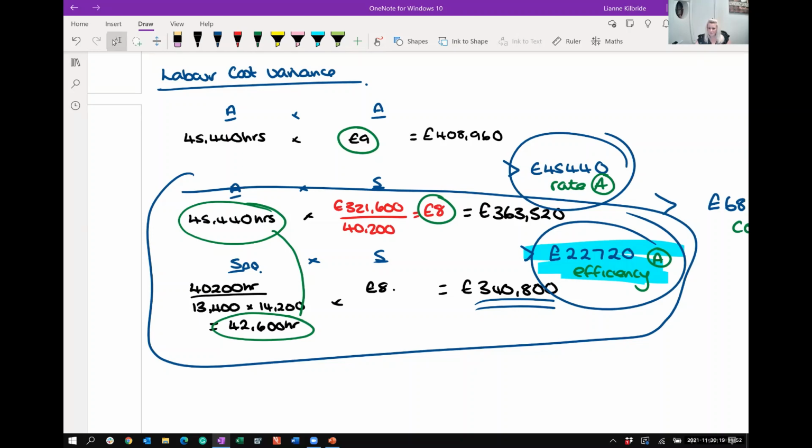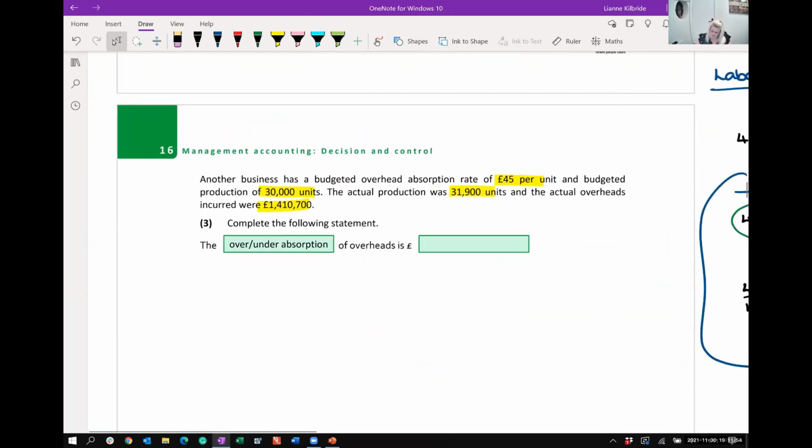Okay, so moving on to this last part of the question, we've got some figures to think about. When we deal with working out whether we've over or under absorbed, we need to flex our budget again. So if we have an overhead absorption rate of £45, instead of multiplying it by the budget production, we're going to multiply it by the actual units we've produced.